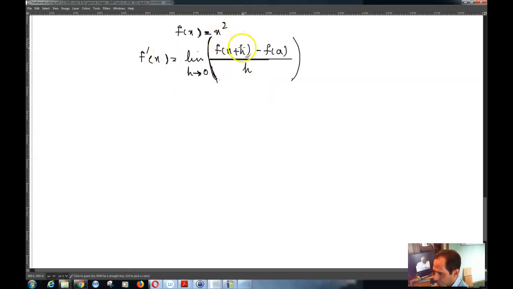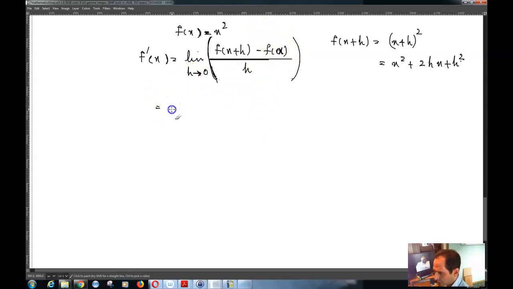So basically f of x plus h is going to be x plus h whole squared, which is the same thing as x squared plus 2hx plus h squared. And of course this is supposed to be f of x, I'm sorry.